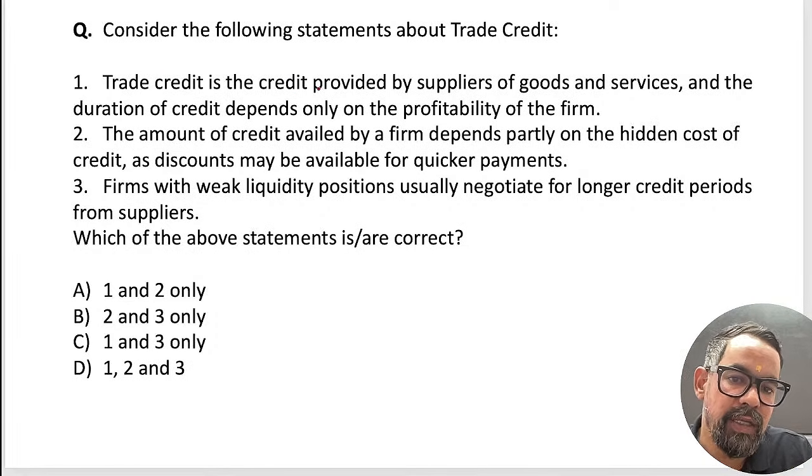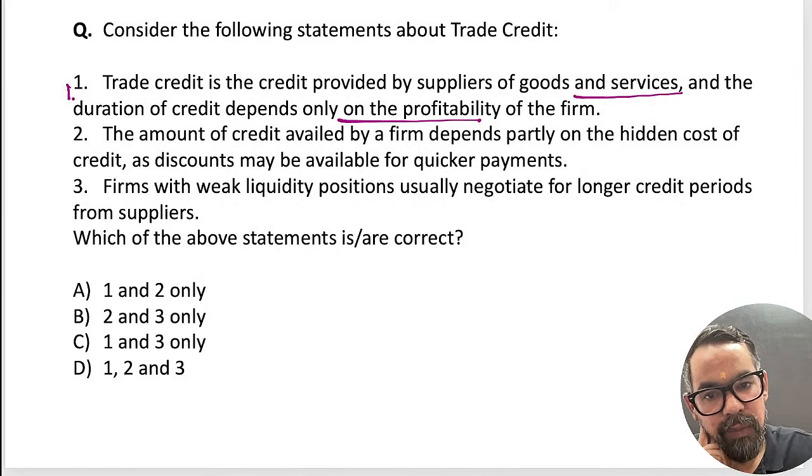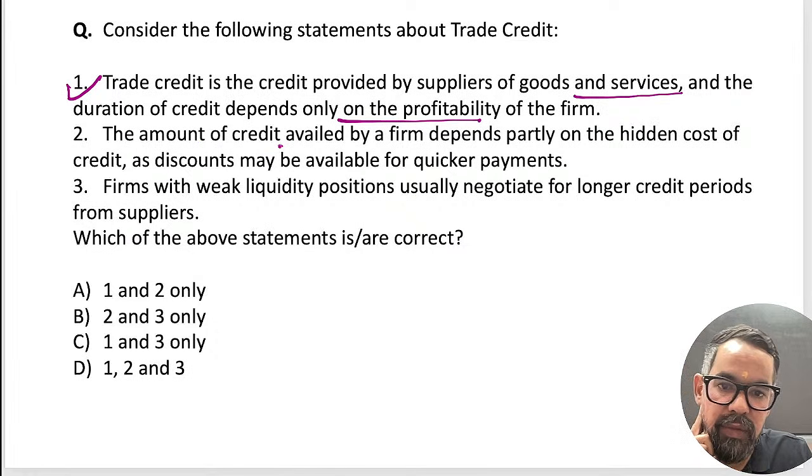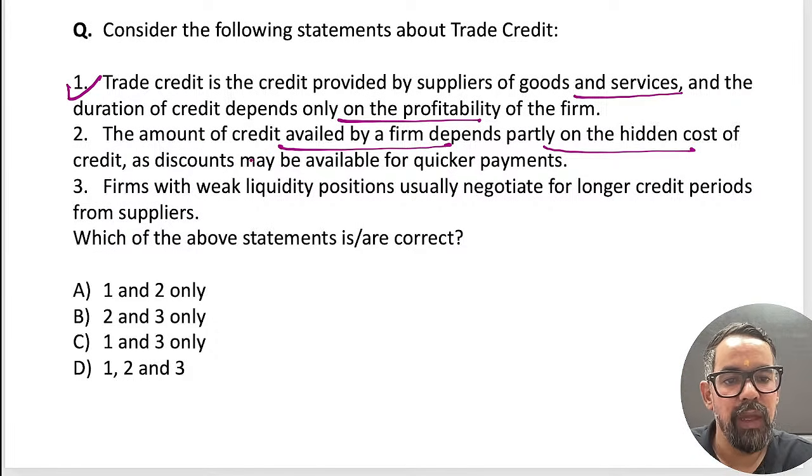Trade credit is a credit provided by suppliers of goods and services. Duration of this depends only on the profitability of firms. The amount of credit availed by a firm depends partly on the hidden cost of the credit.